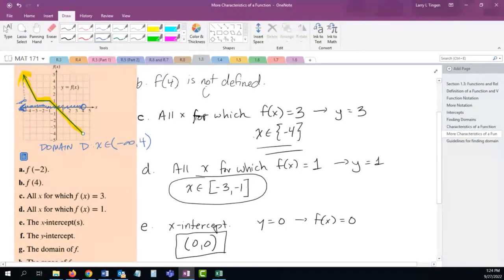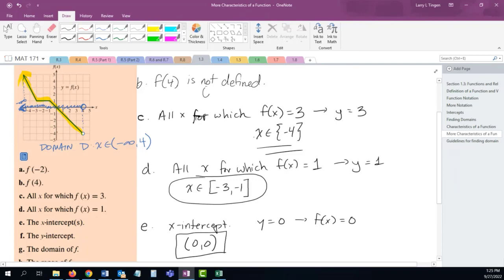Whenever I'm looking for the domain, I'm looking for all the values of x where, if I draw a vertical line, I hit the graph. For the range, instead of doing it for x, I do it for y.